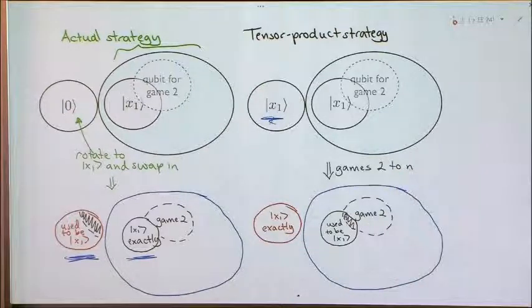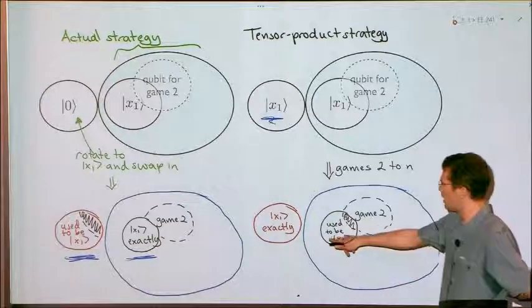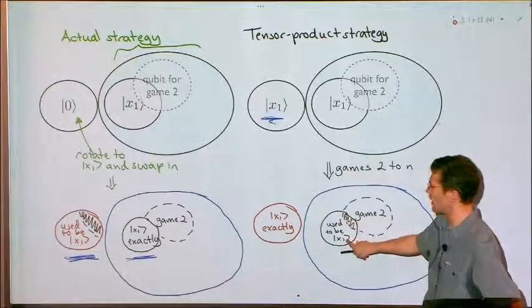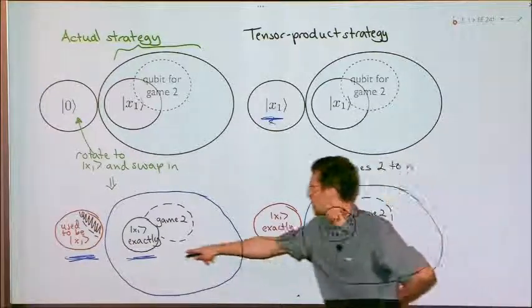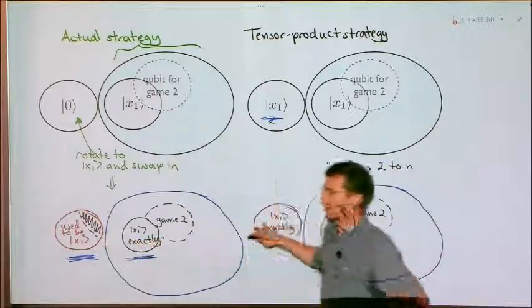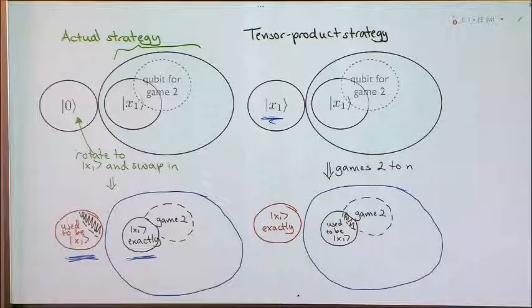So the tensor product strategy is the same as the actual strategy up to this isometry. And so that's essentially the same as showing that this qubit that started out at x1 really stays x1. These should be the same, and these should be the same. And then the left picture is the same as the right picture. The tensor product strategy is the same as the ideal strategy.